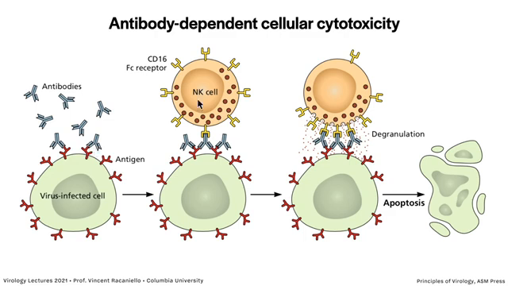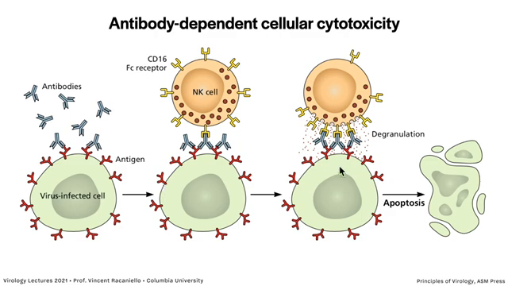And then along comes an NK cell, a natural killer cell, which has Fc receptors on its surface. The Fc is the bottom part of the antibody molecule. So the NK cell will bind to these antibodies that are in turn bound to spikes on the cell surface, the infected cell surface.